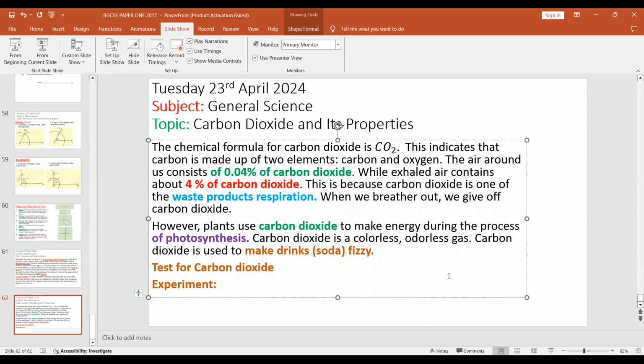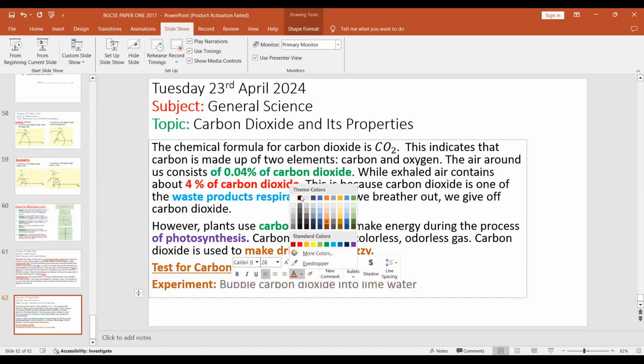The experiment is, if you want to test for carbon dioxide, you are going to bubble carbon dioxide into lime water or through lime water.